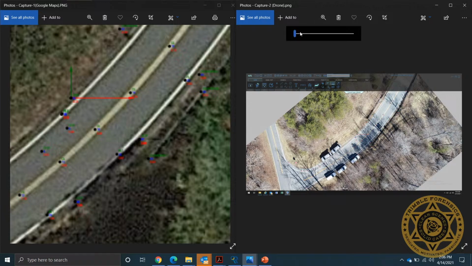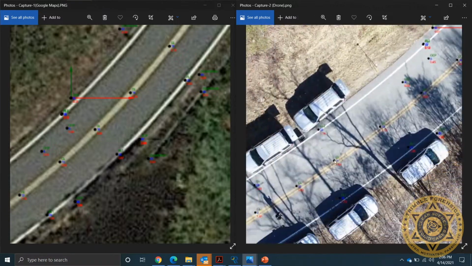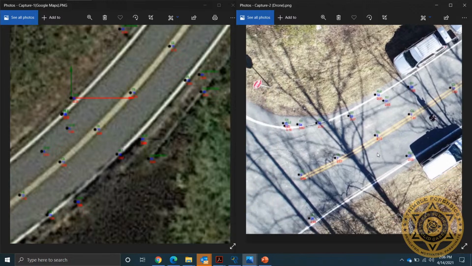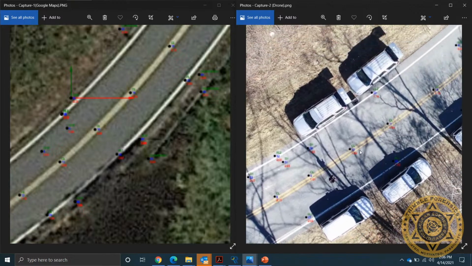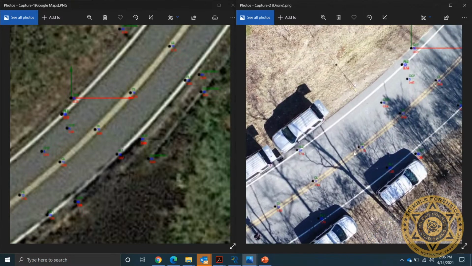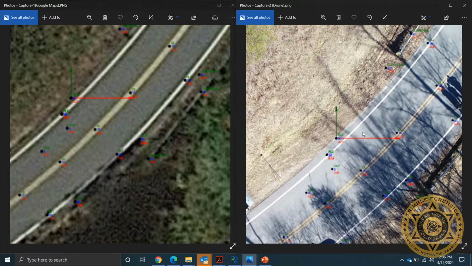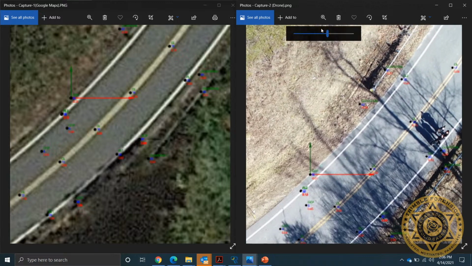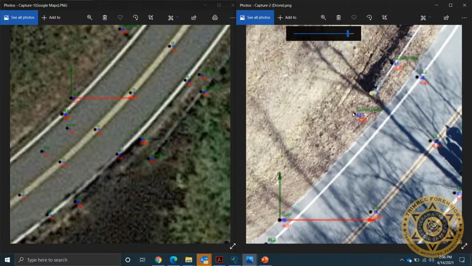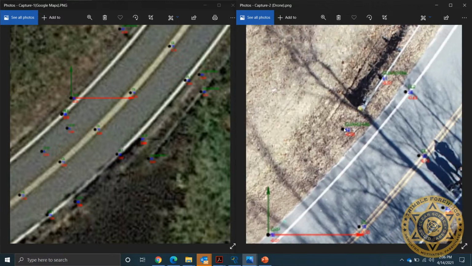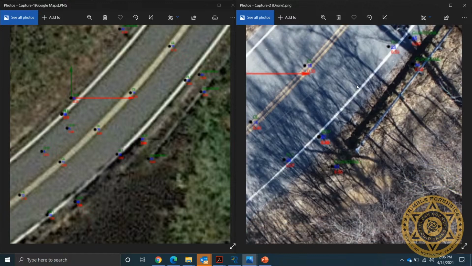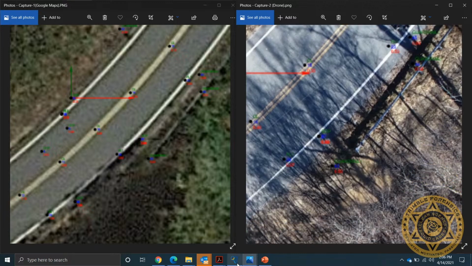But with the UAV data, when the scale is closer to the intersection, it's a little off, not much, but as soon as we get further away, we see at the guardrail considerable distance between the GNSS shot and what the UAV picture shows. So that's some premature data we've gotten so far.